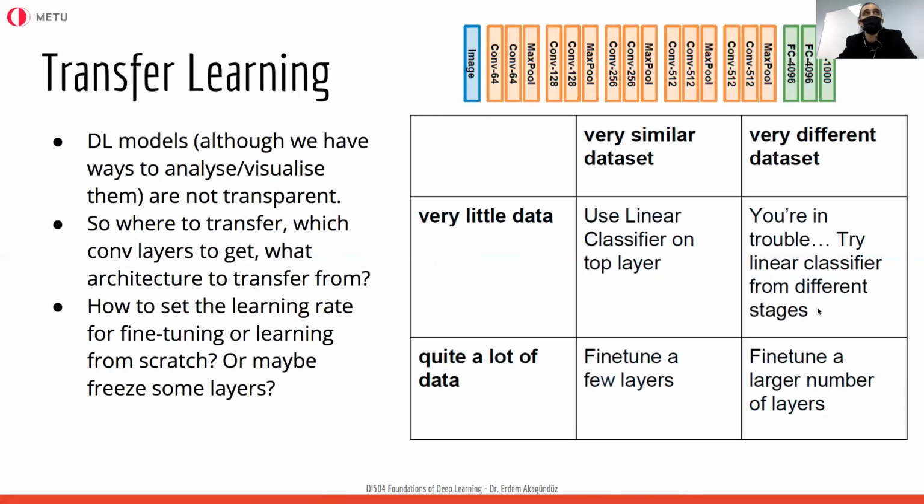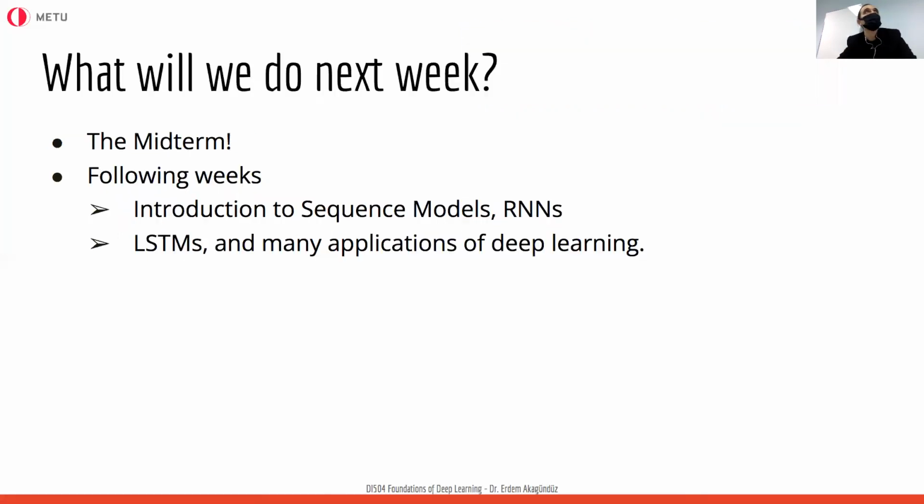So the moral of the story is, if you have very little data, just transfer the features, don't train the network. If you have enough data, like quite a lot of data, try fine-tuning, updating the weights so that you will get your results.